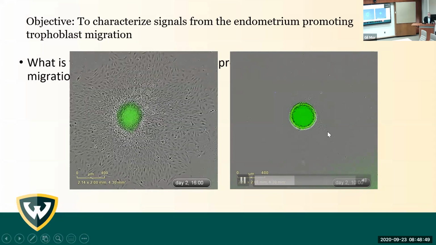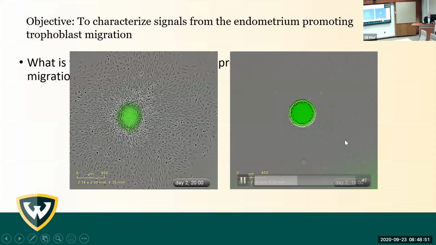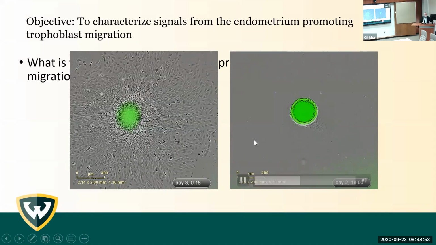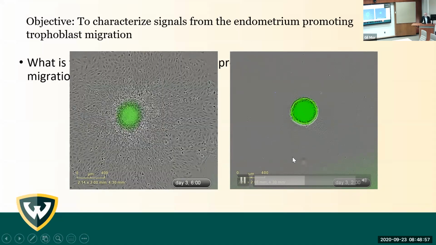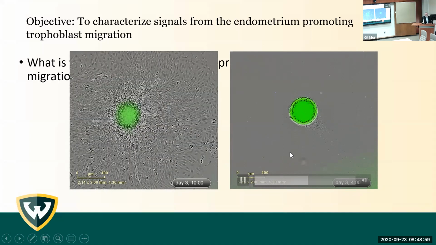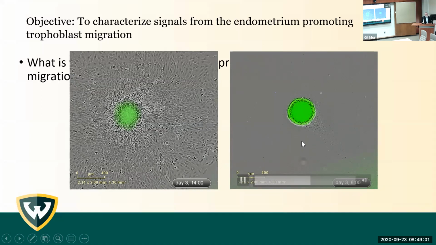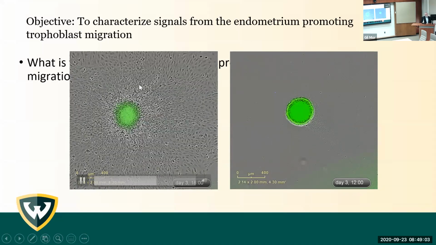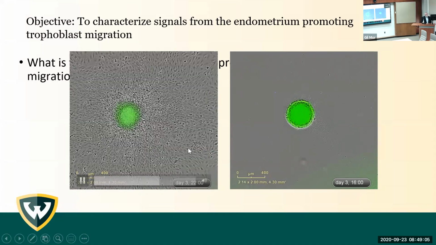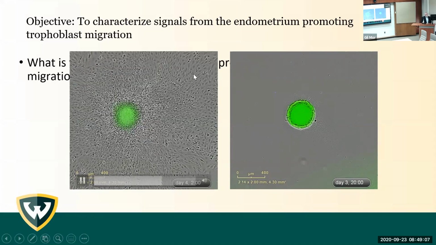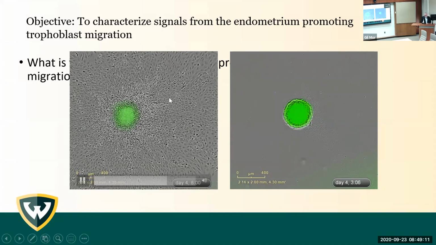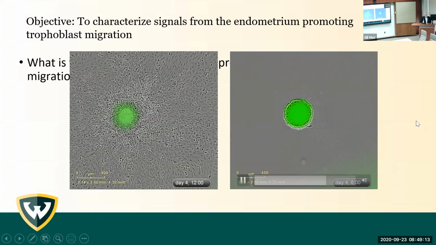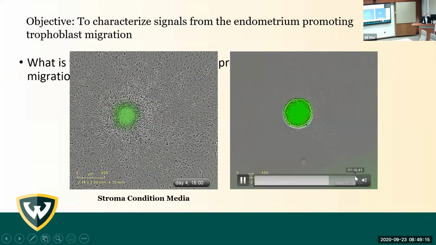It never attaches, it never migrates. So what I'm showing you is that only the factors secreted by the stroma cells, and especially stroma cells treated with TNF alpha, are able to induce this beautiful process of migration of the trophoblast, which then creates an incredible monolayer. I'll show you a little more. Nothing from other cells will have the same effect.